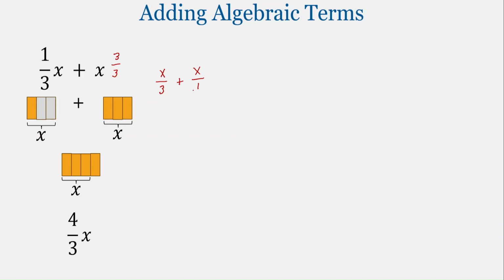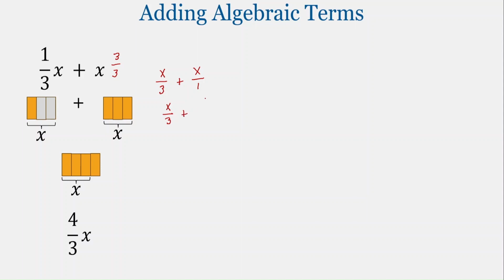Now in order to add these, they need a common denominator. A common denominator of this is 3. A fast way of finding at least one common denominator is just multiply the 2 denominators. So 3 times 1 is 3. It may not get you the smallest one, but it will get you a common denominator. So in this case, there's no change in the first fraction.